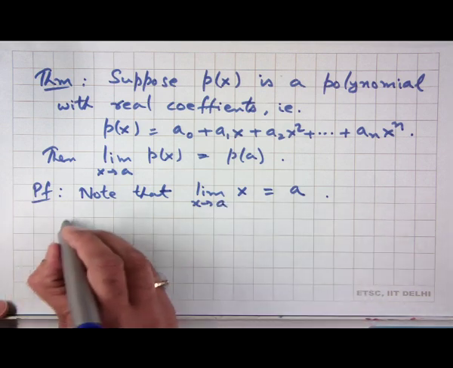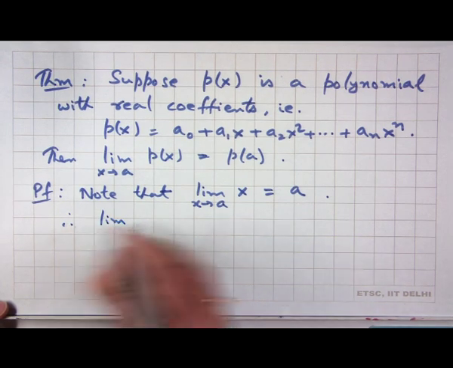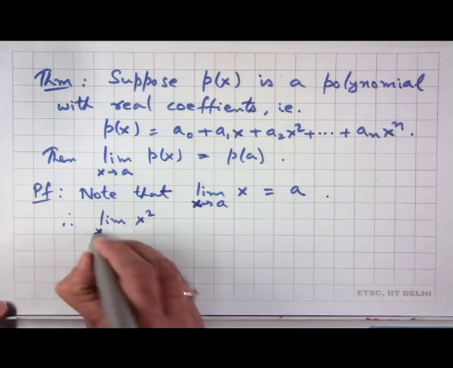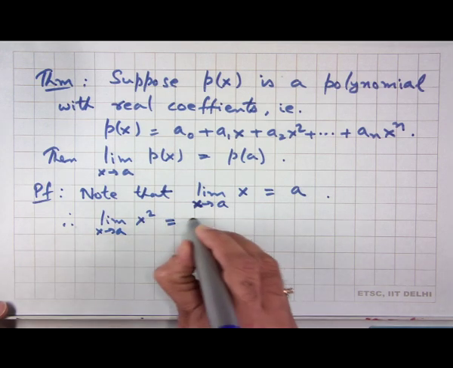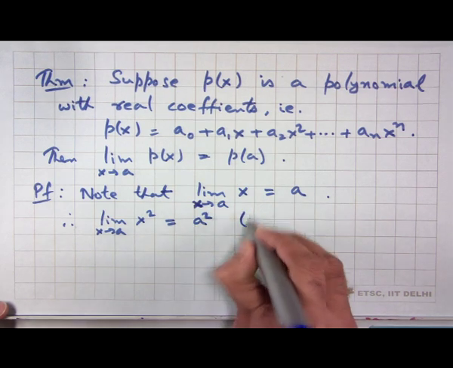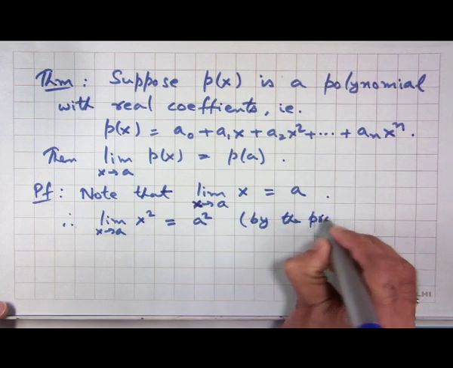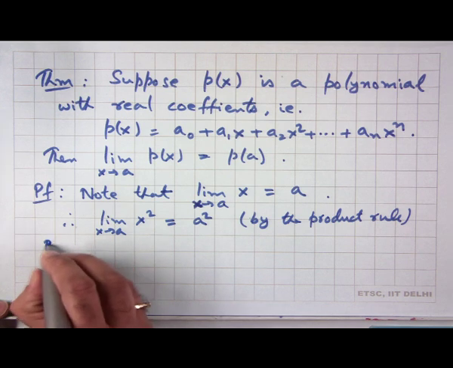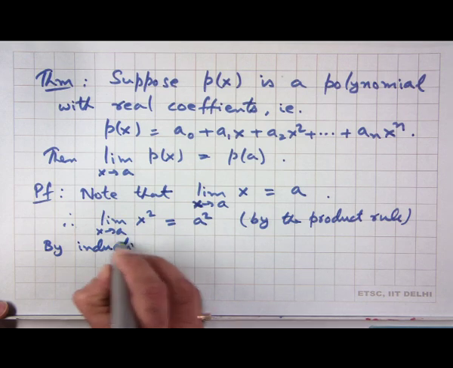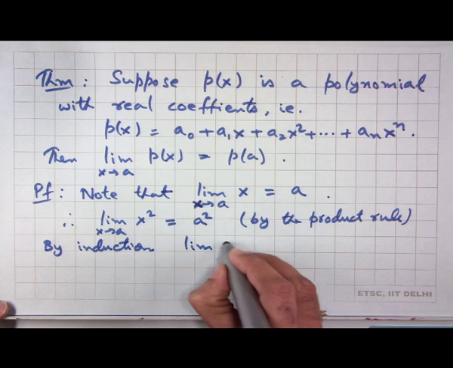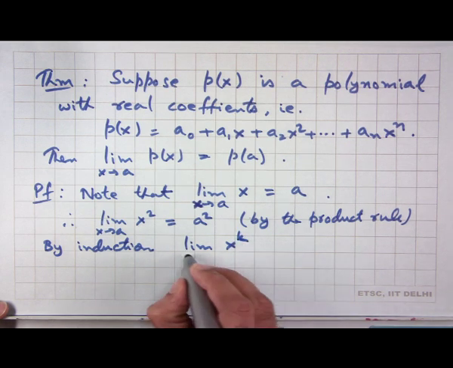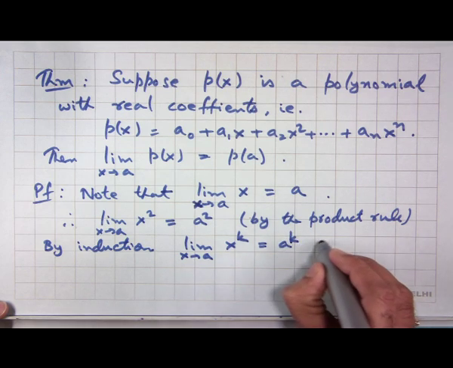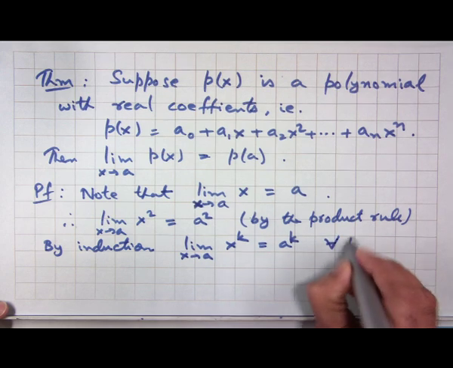Therefore, the limit of x square as x goes to a will be equal to simply a square by the product rule, and by induction limit of x to the k as x goes to a is equal to a to the k for all k in natural numbers.